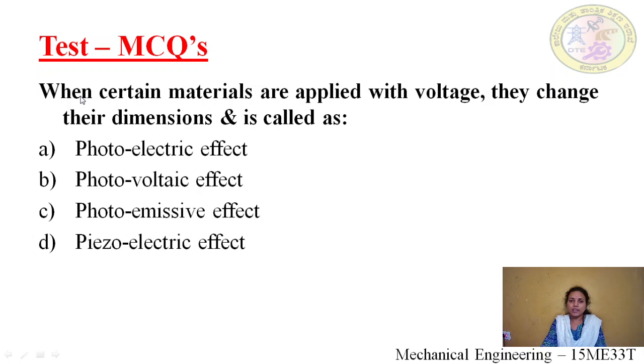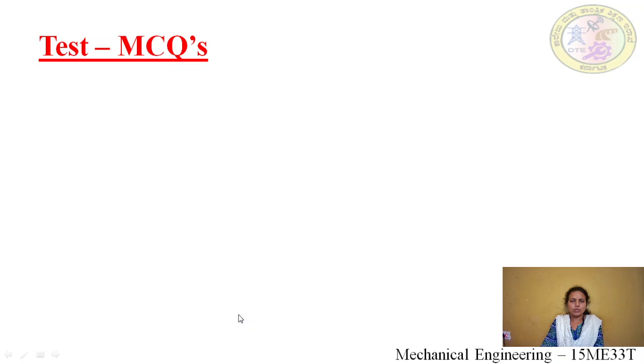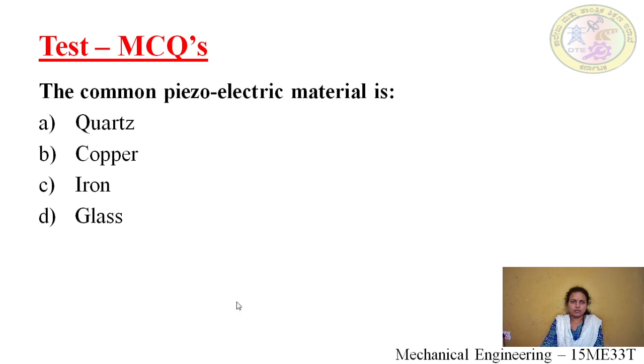When certain materials are applied with voltage, they change their dimensions. We call it as? Can you guess the answer? The solution is piezoelectric effect. We'll go to the next question.